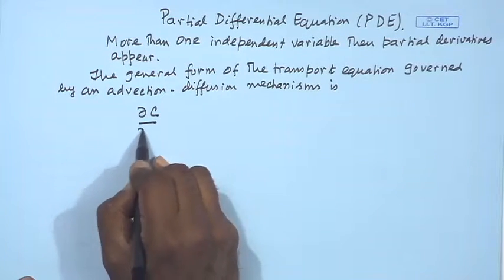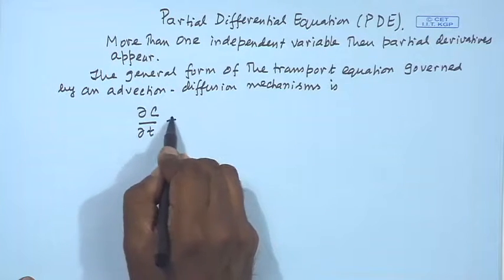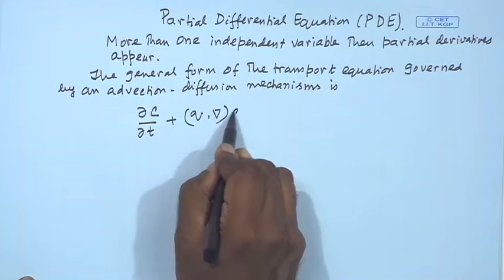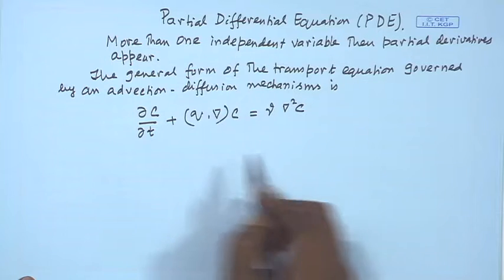Say C is the quantity transported by advection and diffusion. So this is the advective term and this is the diffusive term.